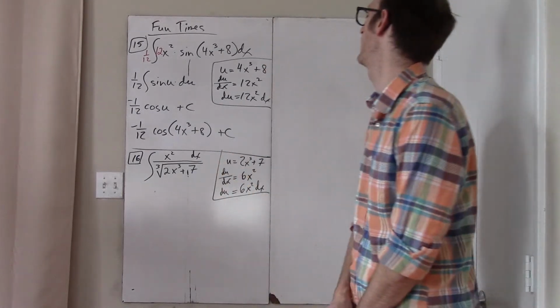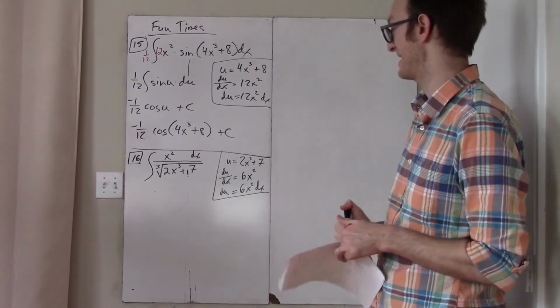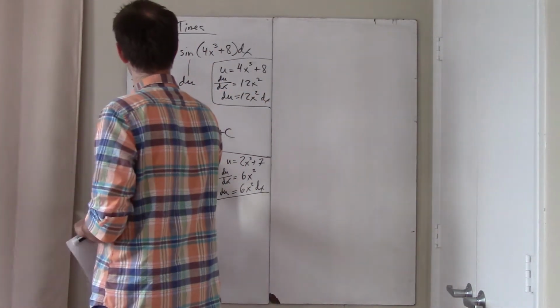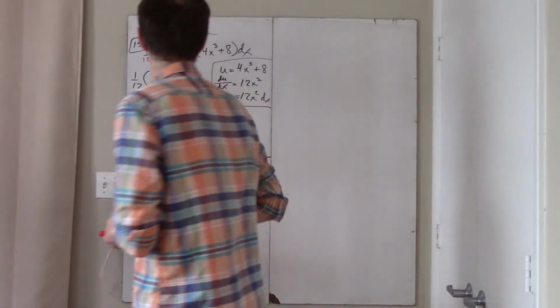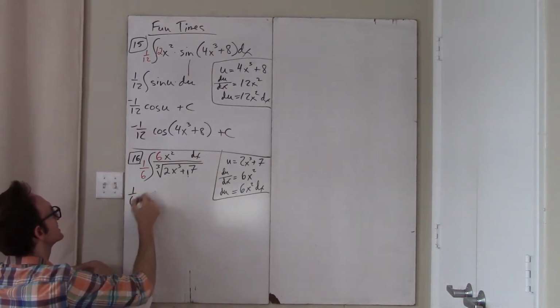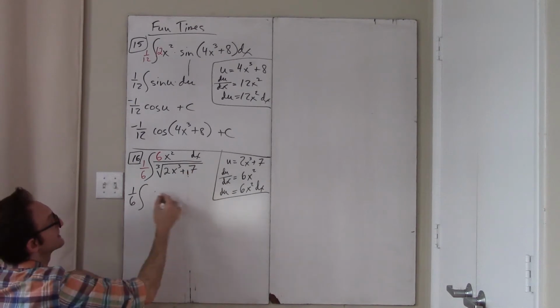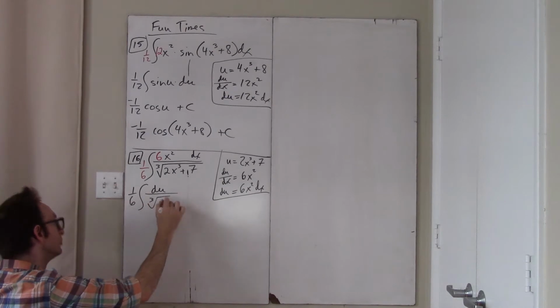And so I need there to be a 6, which there isn't. So, man, really getting in the zone now. Stick in 6, undo the damage with a 1/6, and then this becomes 1/6 antiderivative of du over the cube root of u.